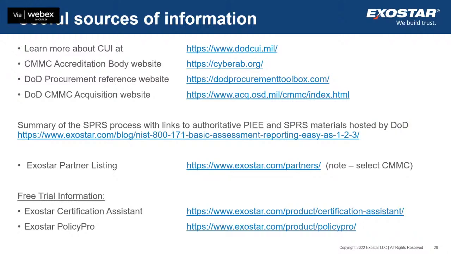If you're struggling to figure out how to input that SPRS score you generated, if you need a partner to help you with the assessment, or if you'd like to sign up for any of the Exostar free trials, these are available from our website. Both Policy Pro and Certification have 15-day free trials available. We'd love to have you sign up.